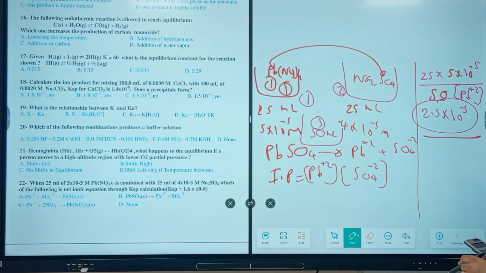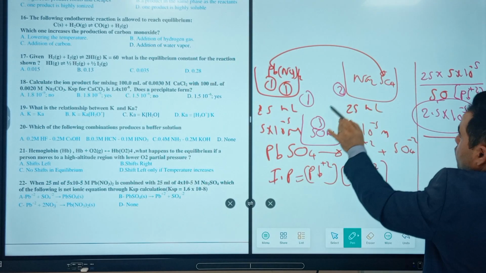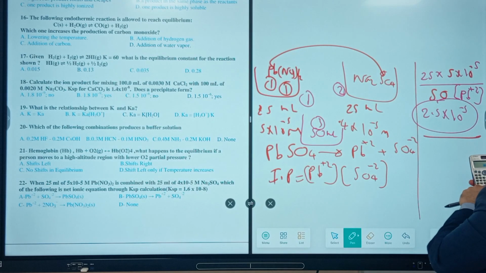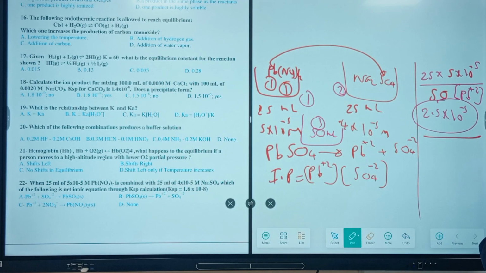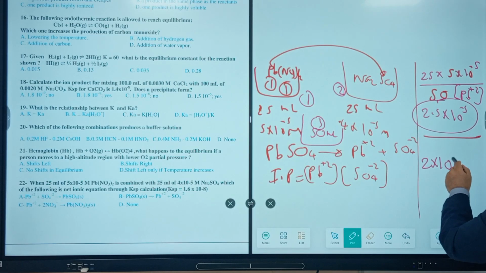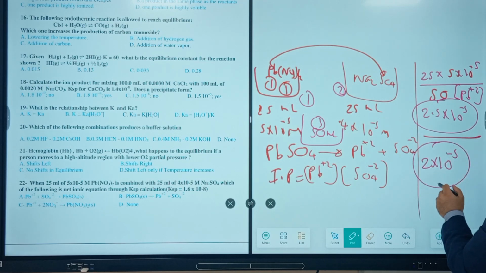How about the sulfate? Take the relation between the second and the third. 25 multiplied by 4×10^-5 over 50 is equal to 2×10^-5. This is the concentration of SO4 2-.